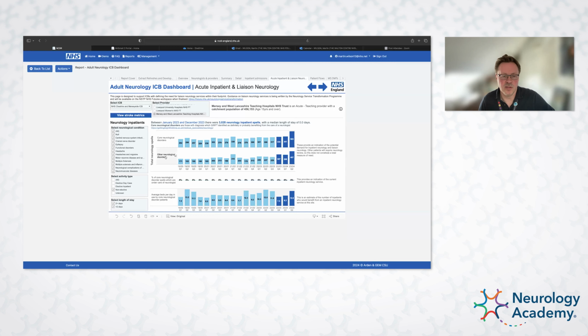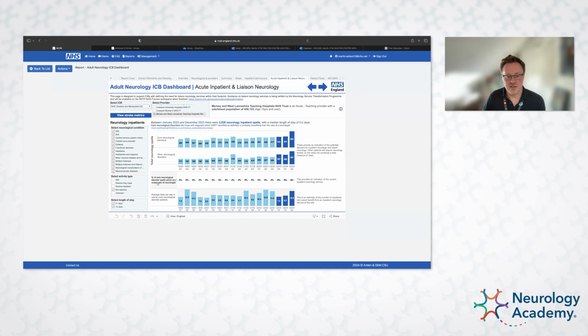So that's core, and then there's other. So you can look at that in both ways. And if you hover over that, it shows you the number, also shows you the percentage of what that is compared to all the other acute stuff that's coming in. So it hovers around about 10 to 12% usually, which is about right, probably mirrors what we'd expect to see.